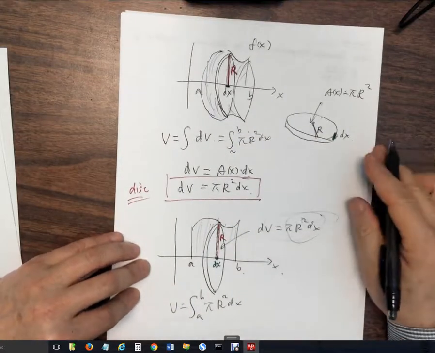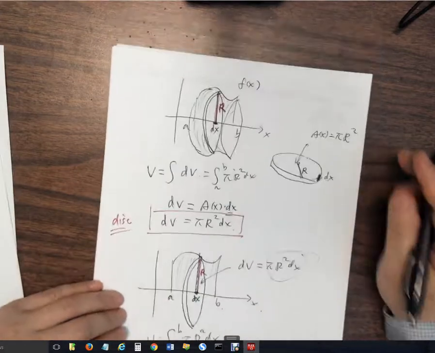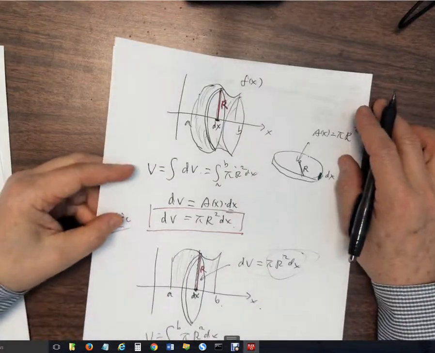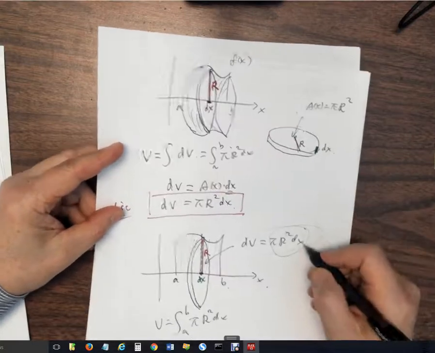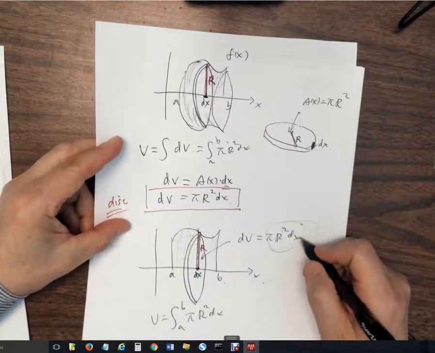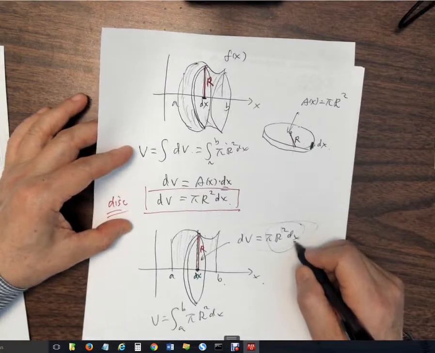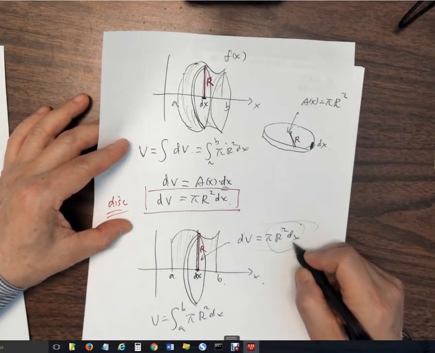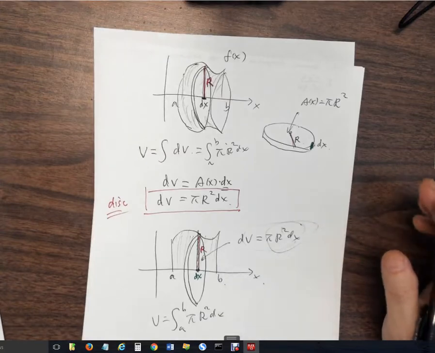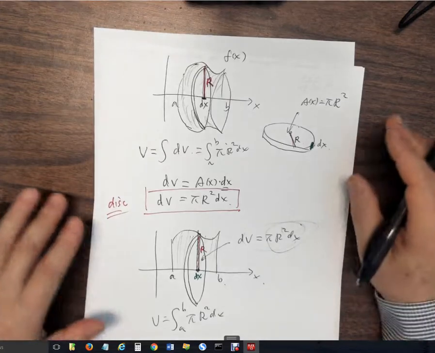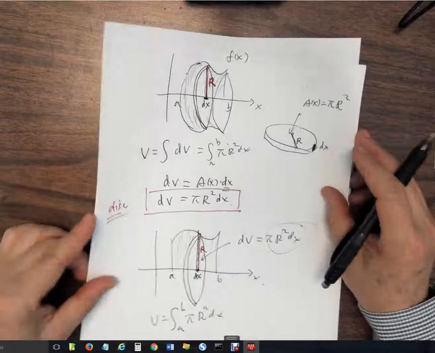All right. Now, before we get to a more complicated solid of revolution, I want to spend a little time explaining why sometimes we have dx, why sometimes we have dy, and how we know whether we should get the dx or we should get dy.